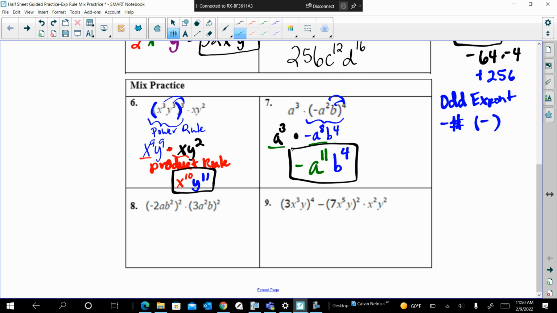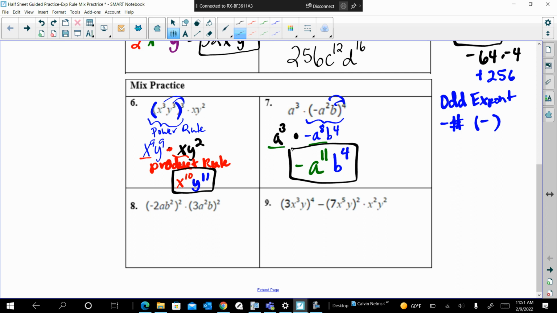Why didn't you put a parenthesis around the a the first time? Oh, because I knew I had another thing to do. I just knew that the negative was going to be in front of the a. It's not part of the whole. Yeah, it's like a 1 in front of it. So if it's a number, you would put parentheses around it, but if it's a variable, you wouldn't.